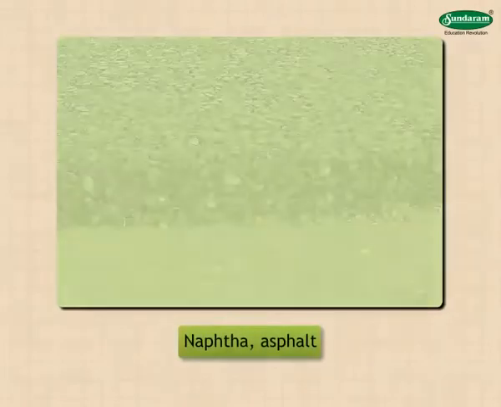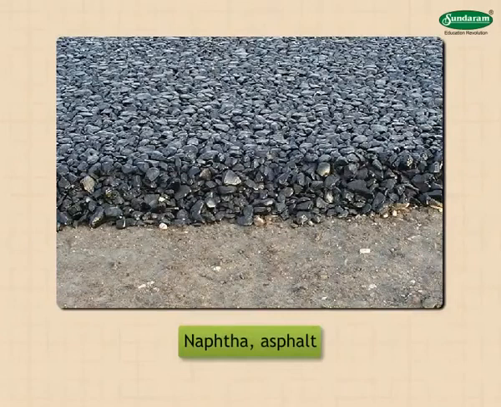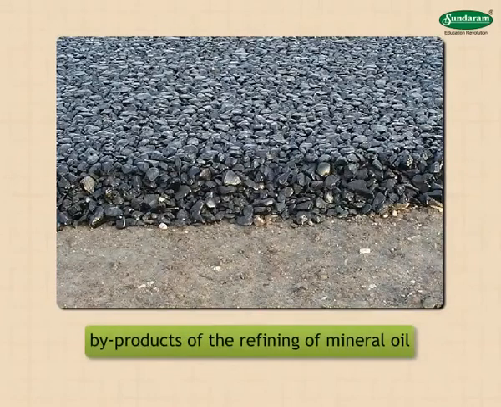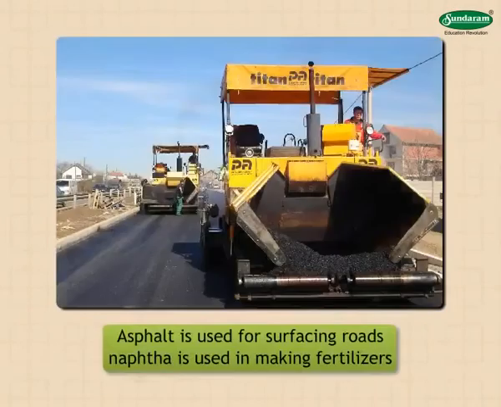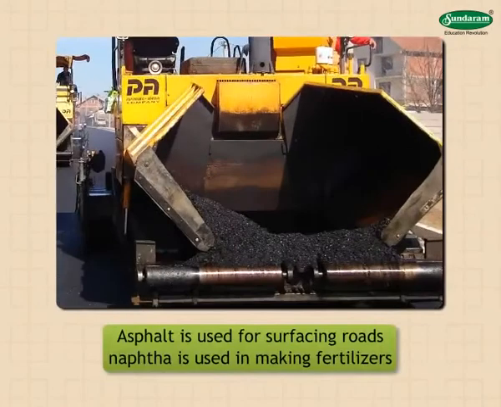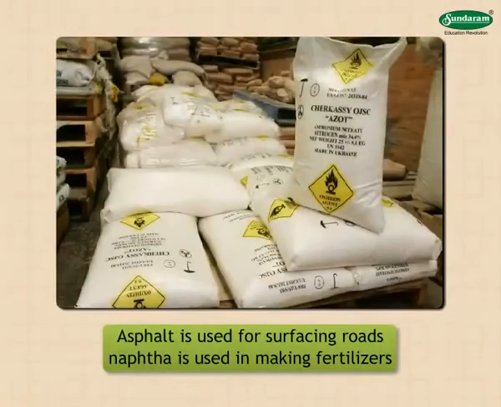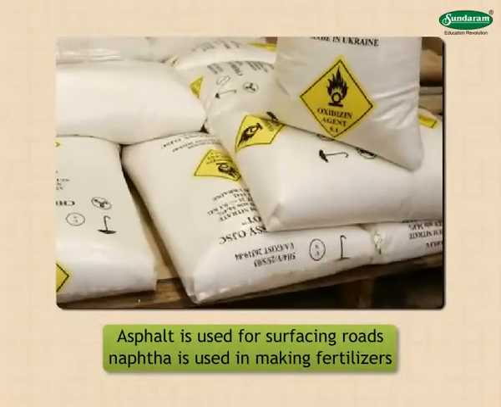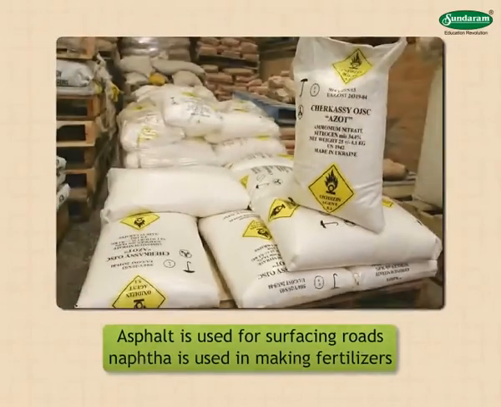Naphtha, asphalt, and other such useful substances are obtained as byproducts of the refining of mineral oil. Asphalt is used for surfacing roads, while naphtha is used in making fertilizers.